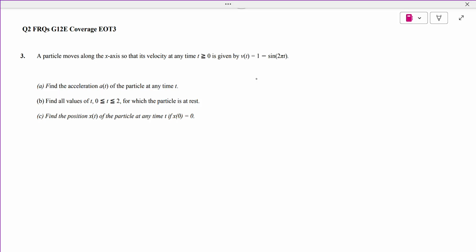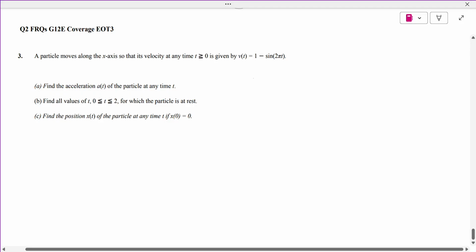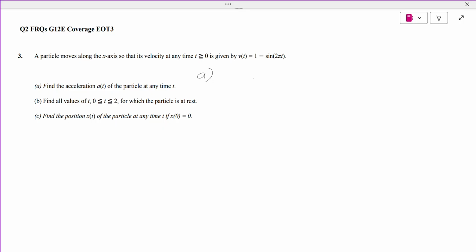So to do so, we know that the acceleration A of t is given by the derivative of the velocity with respect to time. So if you differentiate the velocity, what do you get? The derivative of 1 is 0.